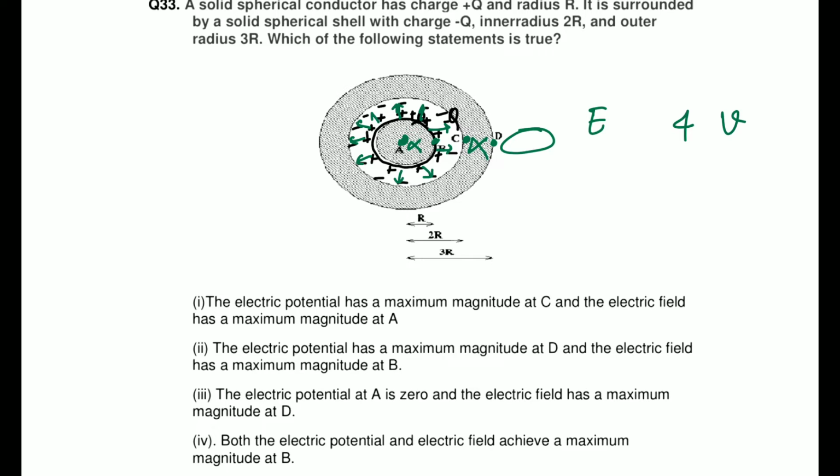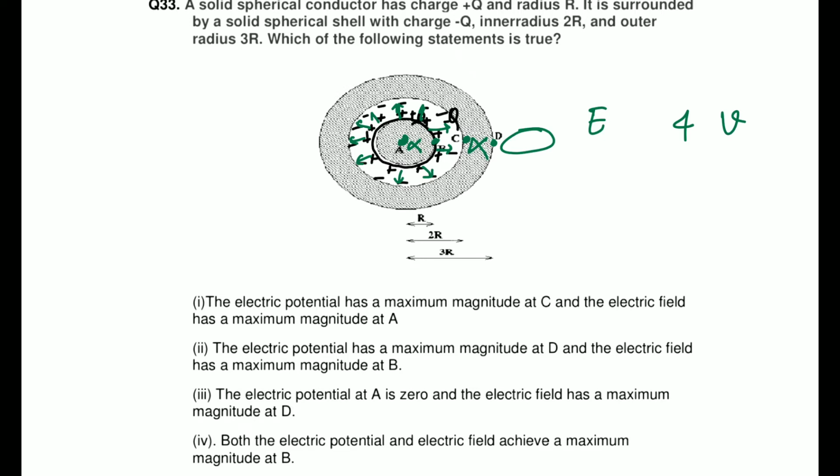Let's talk about electric potential now. Again, you require charge for that. This entire thing will have the same potential, and similarly this entire thing will also have the same potential. There is no charge in the empty region, but here you have charge, and here you have charge. So you have two places where you can find the potential.